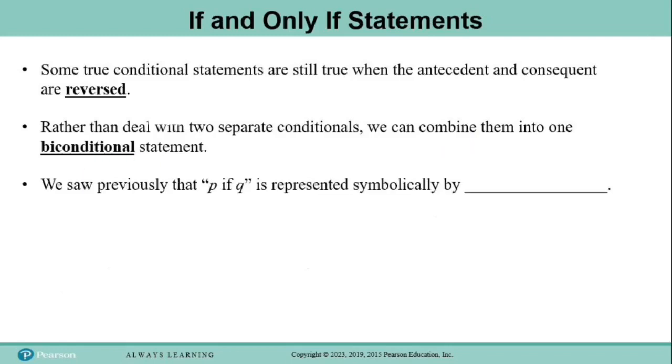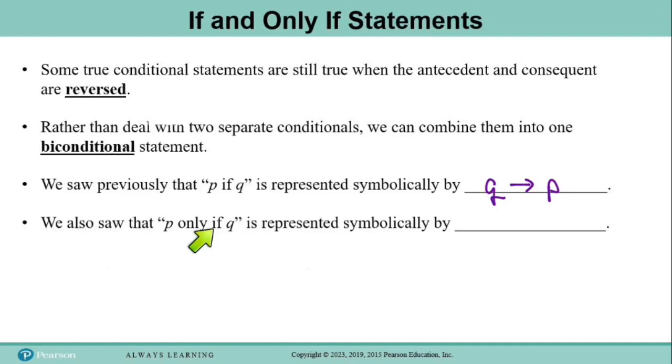So how does that work? Well, remember just a few minutes ago, we saw that when you have P if Q, so that the word if is all that's separating the first phrase from the second phrase, whatever is coming after the word if is actually the antecedent. So P if Q would be represented symbolically by if Q then P. Remember that?